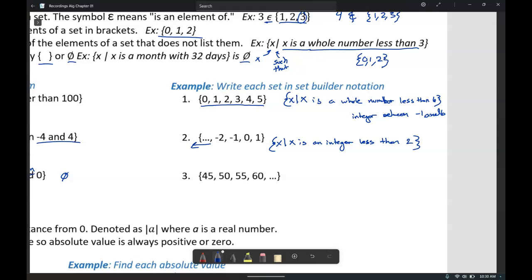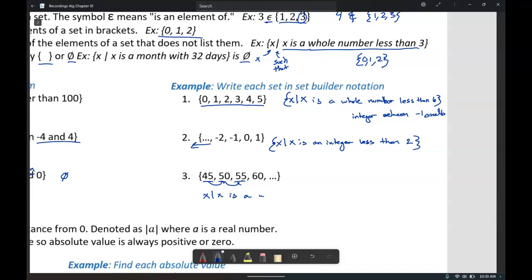All right, this one's a little interesting. We've got natural numbers, whole numbers, integers starting at 45, but we skip every 5 values. Since we're skipping every 5 numbers, it looks like we're looking at numbers that are multiples of 5. So we'll want to write out that x such that x is, and we could say whole number, natural number, or integer. It's all going to be included in there.